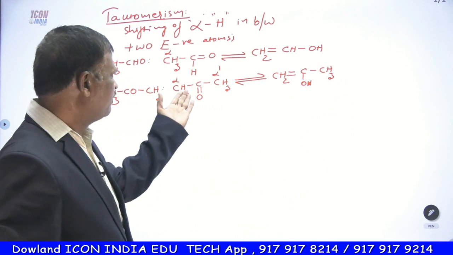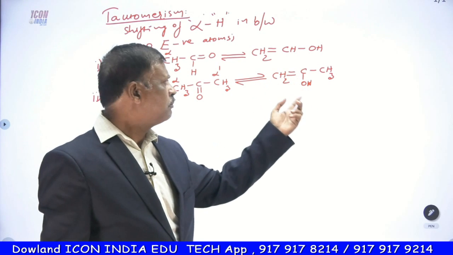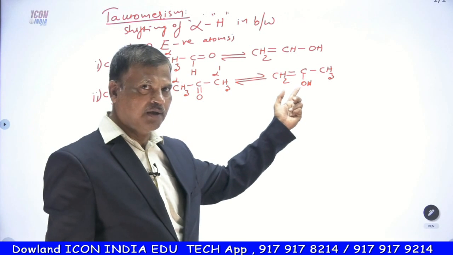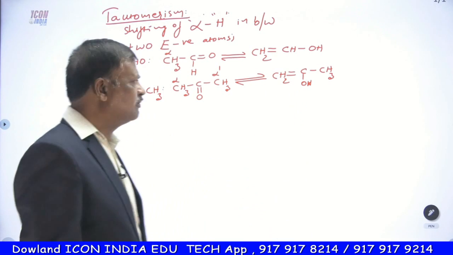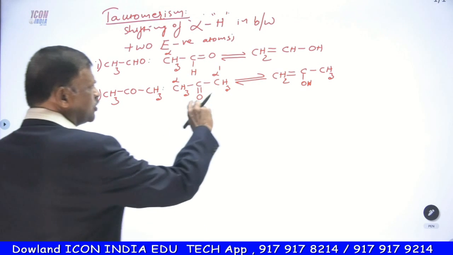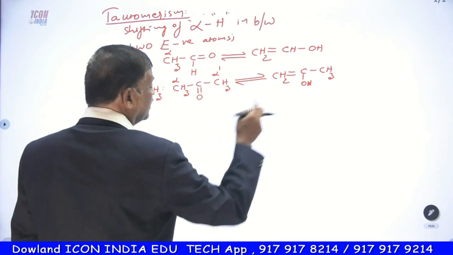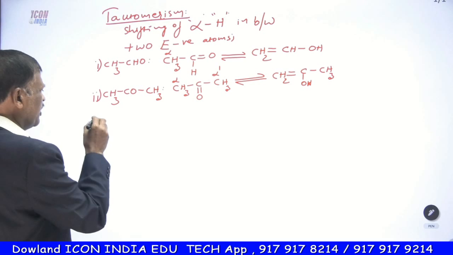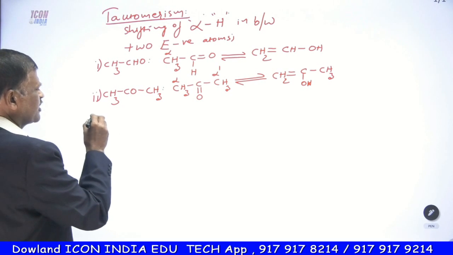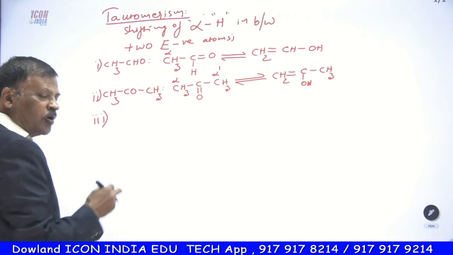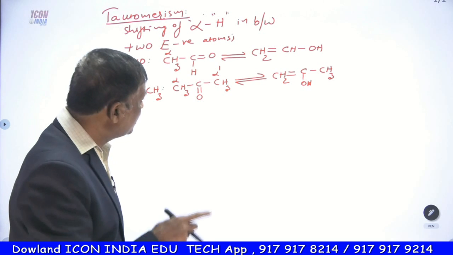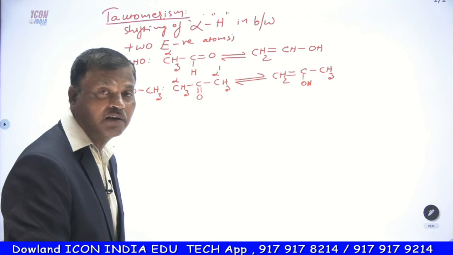So that is the keto form, and this is the enolic form because it has C=C and OH, an alcohol, that's why it is called enolic form. These two forms are interconvertible with each other. That's why they exist in dynamic equilibrium. These are dynamic functional isomers. Normal functional isomers are not interconvertible, but these functional isomers are interconvertible.